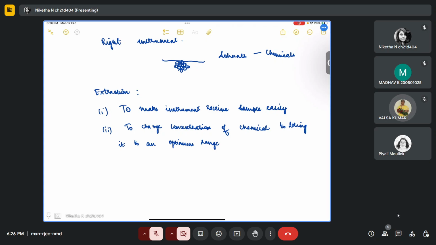So by change, I mean we can increase or decrease the concentration. That depends on what will be the range of concentrations which can be detected by the instrument.